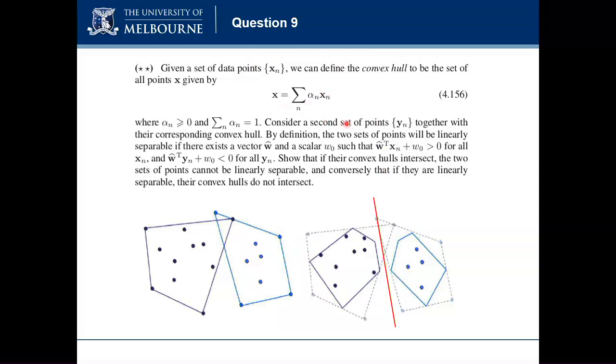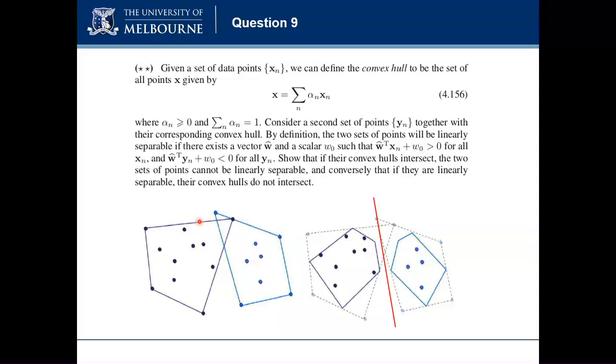So how do we mathematically express that? We have a given set of data points, x n, and we can define the convex hull of the set of all points x as this, and then we can also define, as shown in the pictures, the convex hull of each class separately. By definition, the alpha n's need to be non-negative and add up to 1.